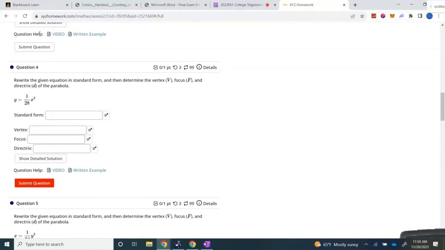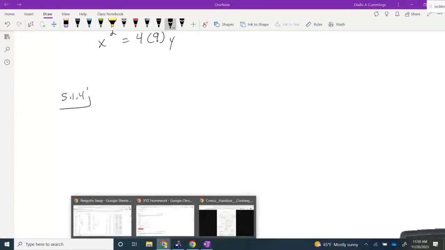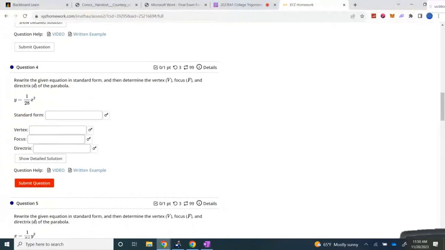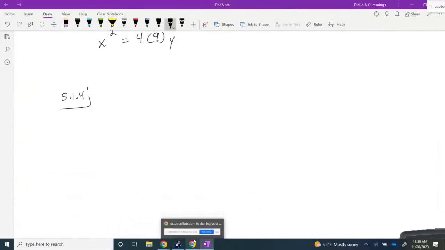And that's y is equal to 1 over 28x squared. All right, y is equal to 1 over 28x squared.